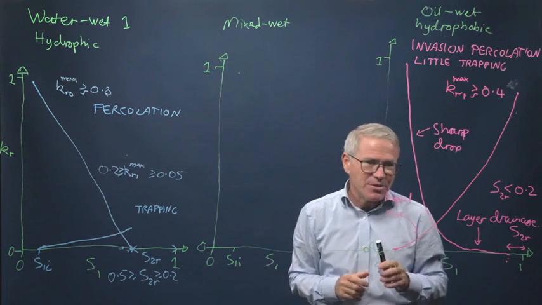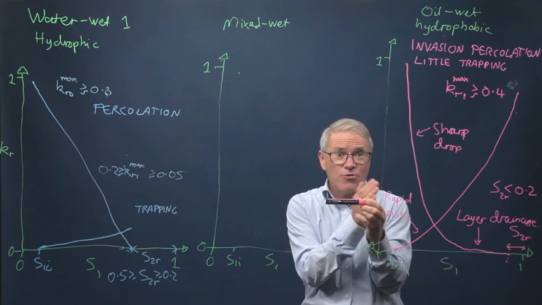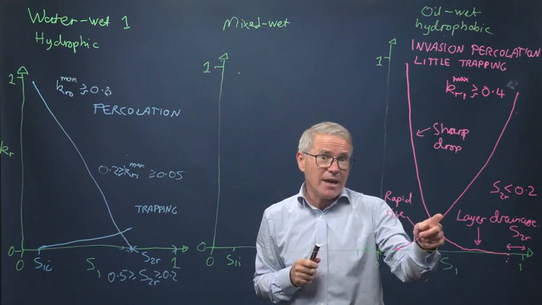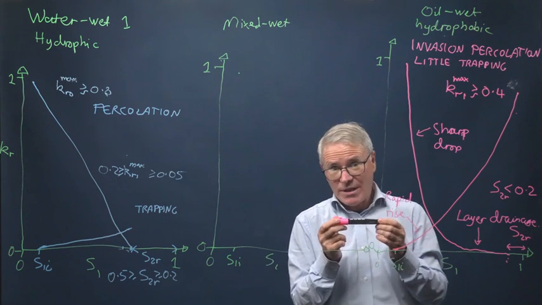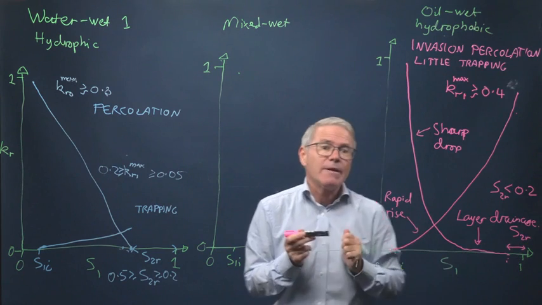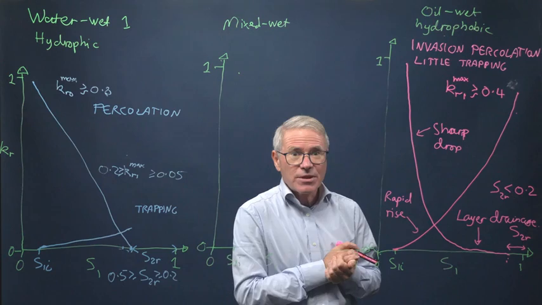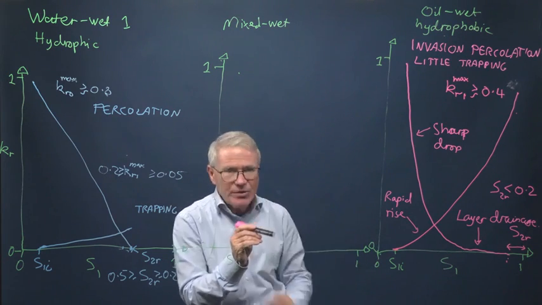What actually happens is you inject the water, phase 1, through your porous medium. At a very low saturation here, the water flows more readily than either the oil or gas that's retained in the pore space. So although theoretically you can drive the system down to a low residual saturation, you can only do this by injecting lots and lots of water.